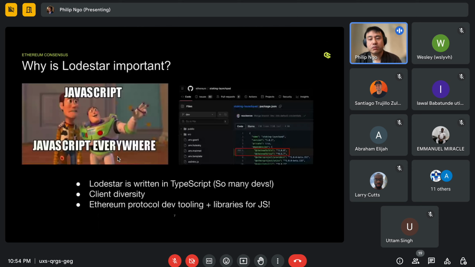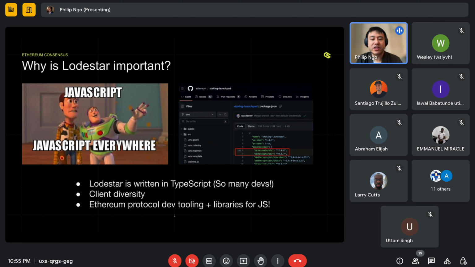There is an easier way into helping Ethereum protocol without having to learn Go or Rust, and basically being able to help us integrate better into the Ethereum protocol ecosystem, because all of our libraries are basically written in TypeScript as well. So we provide some of the tooling that developers will need to interact with Ethereum protocol.